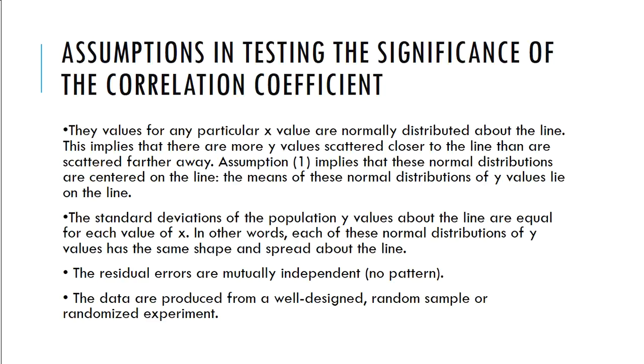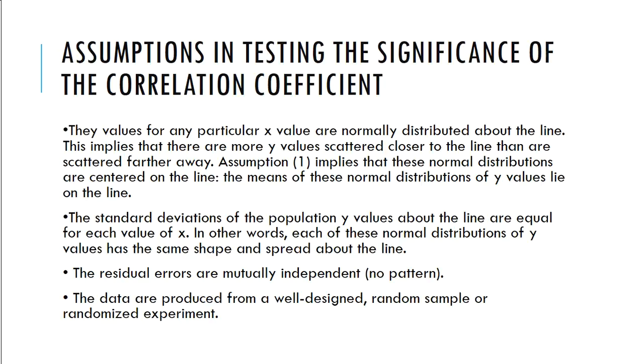The Y values for any particular X value are normally distributed about the line. This is important in everyday stuff, but not that important in here. But I'm going to show you what I mean. For you to run this test correctly, you have to make sure that your values are normally distributed. So that implies that there are more Y values scattered closer to the line than further away.